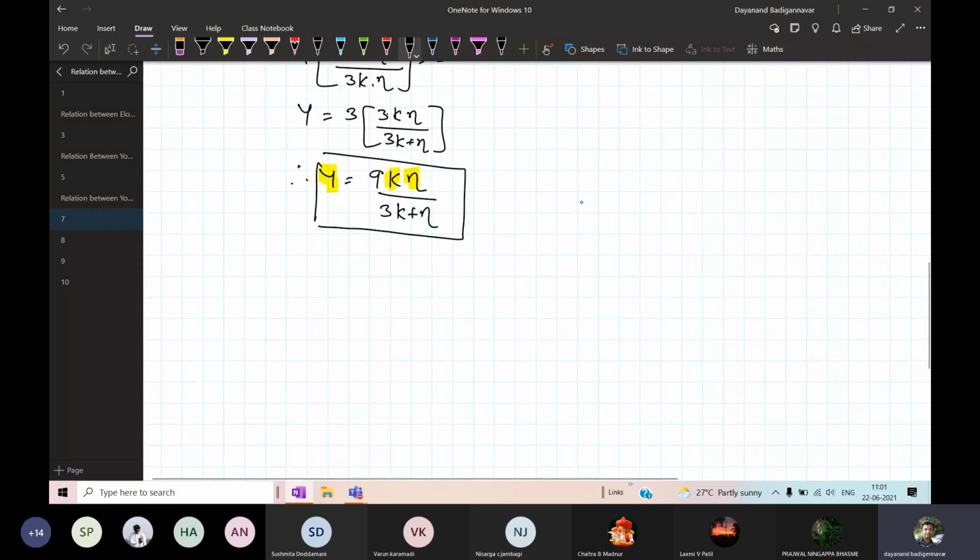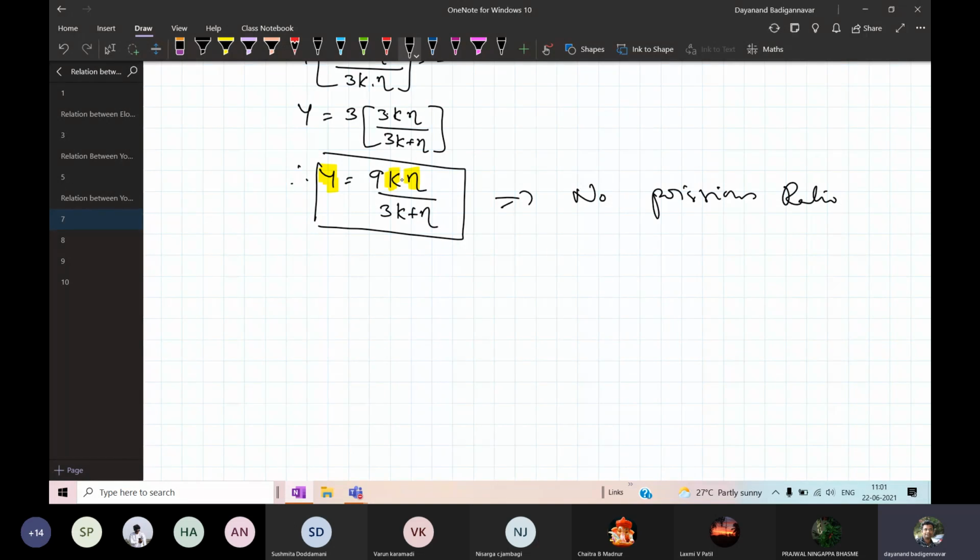Now look here, in this equation there is no Poisson's ratio. They are just a direct relation between y, k, and eta.